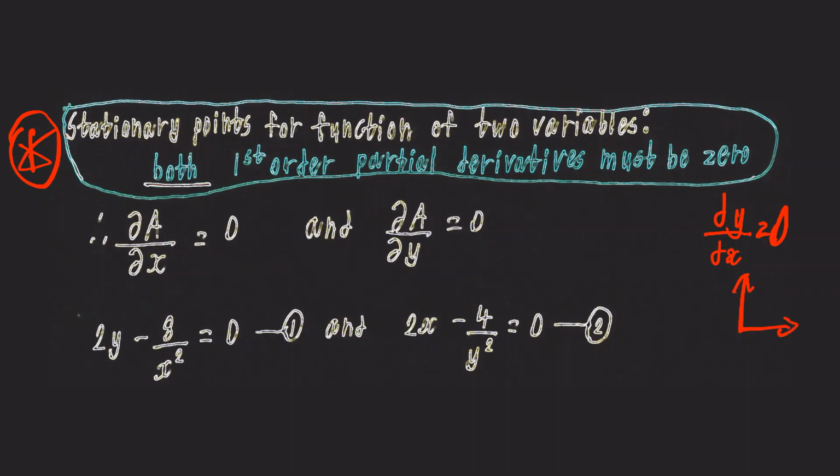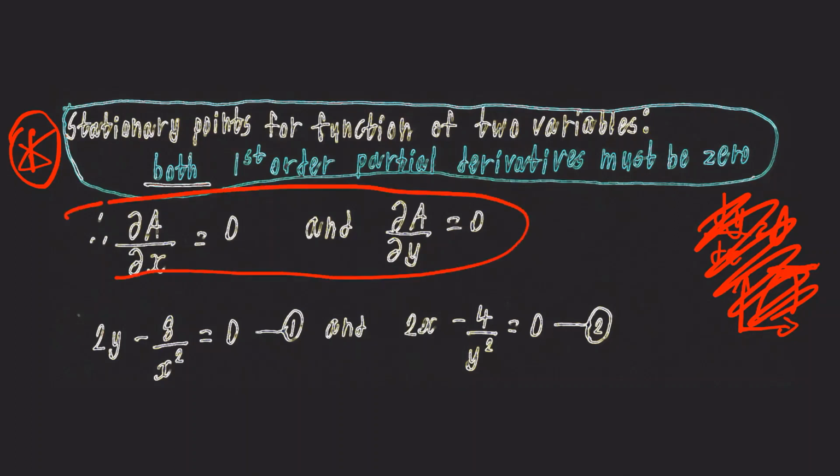Let's say in a graph like this, so this would be a stationary point. So we just need the derivative to be 0, the full derivative. But we are dealing with partial derivatives here. So in this case, we have two partial derivatives, one with respect to each variable, and we require that both these are 0 at the same time, simultaneously.